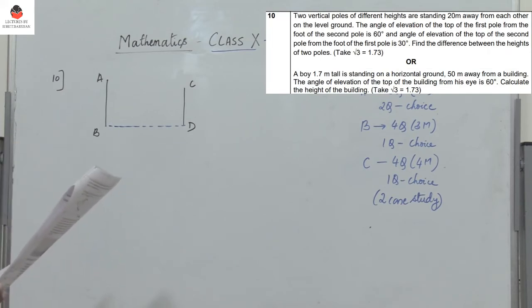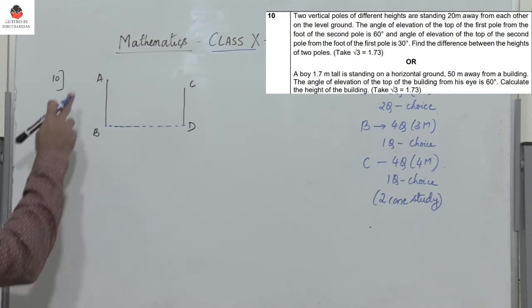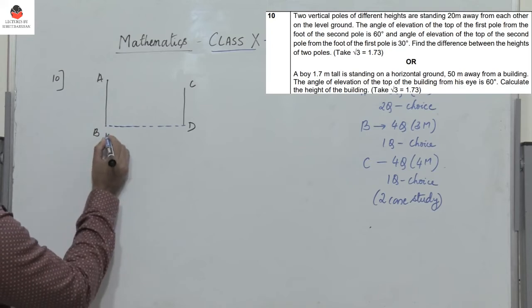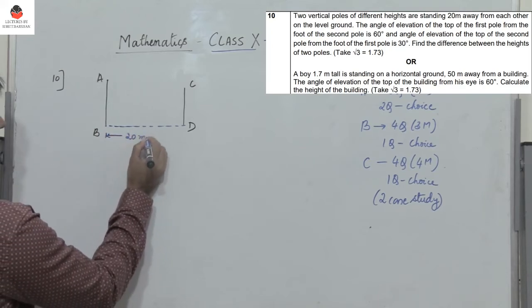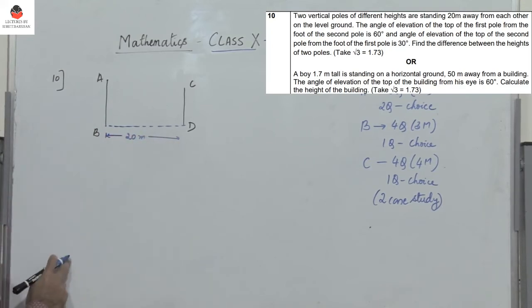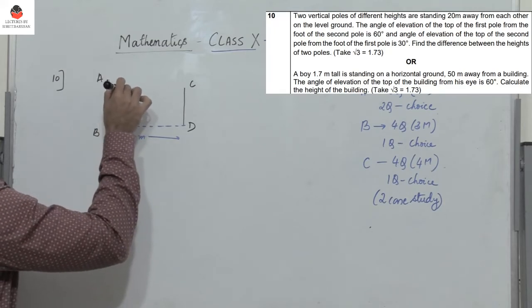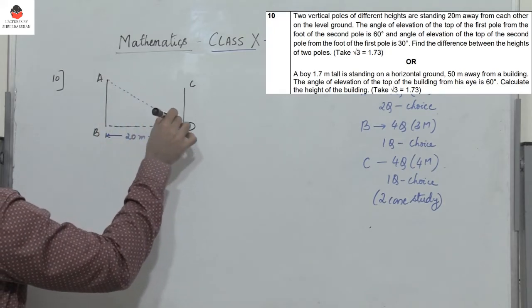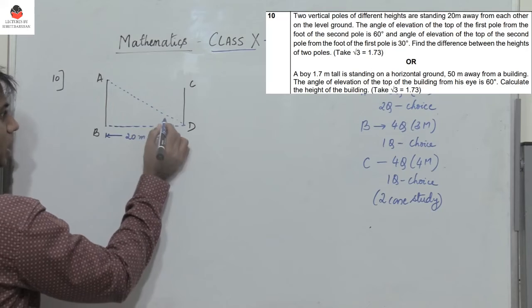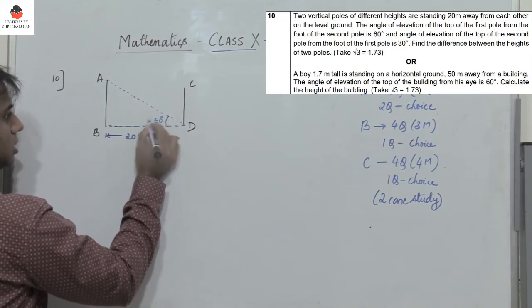Two vertical poles of different heights are standing 20 meters away from each other. So consider two vertical poles AB and CD, of different heights, standing 20 meters away. So BD is 20 meters. The angle of elevation of the top of the first pole from the foot of the second pole is given as 60.